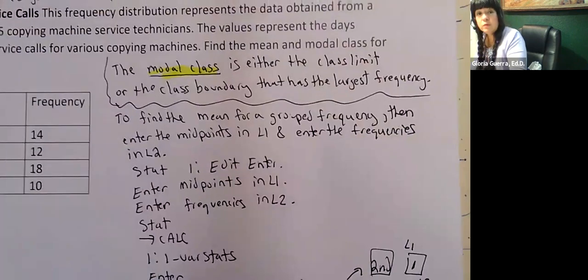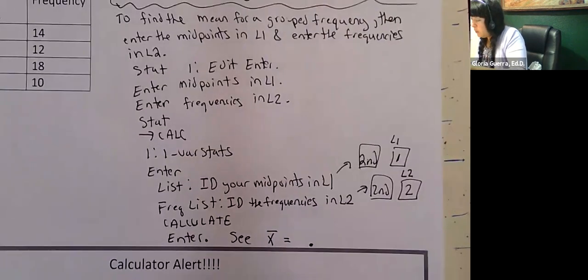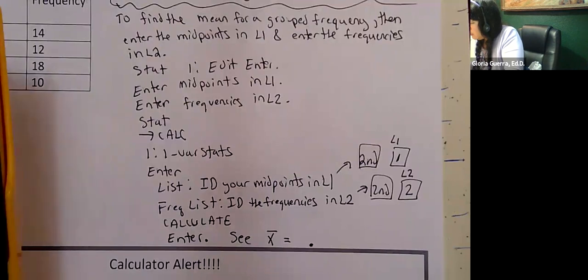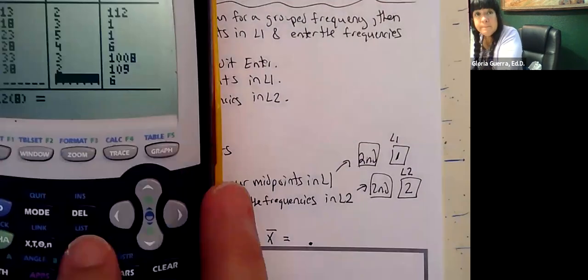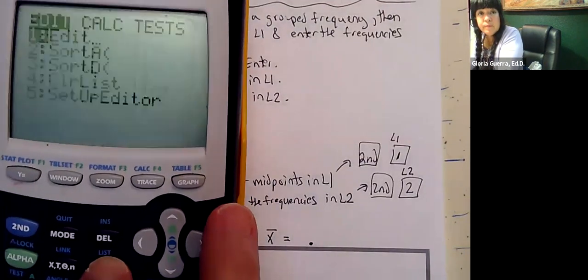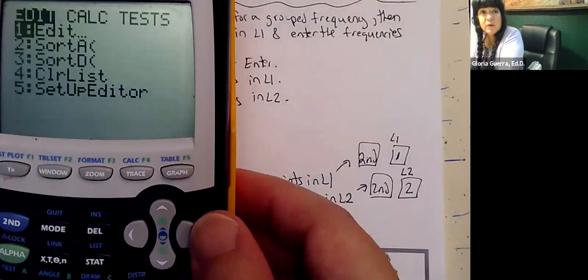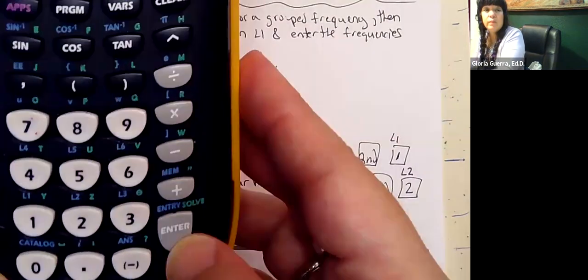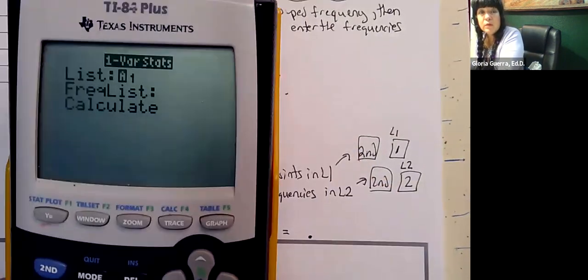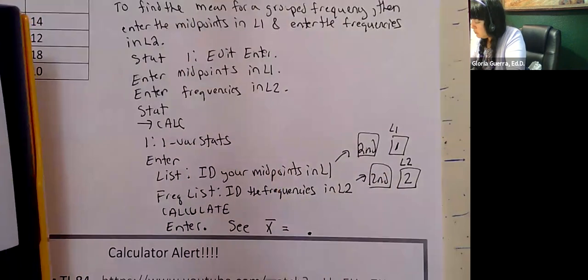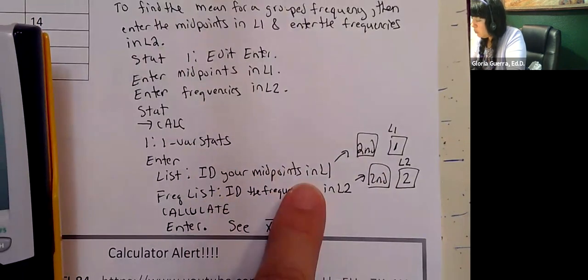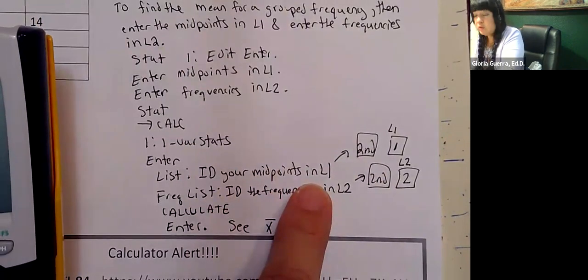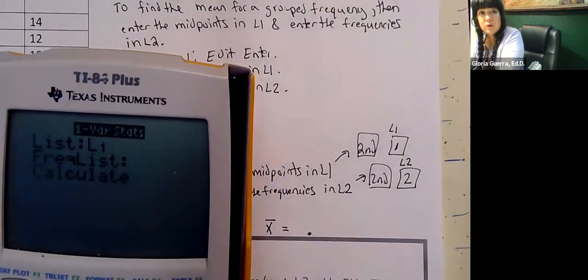Okay, so we already entered our data, and now we're going to go to stat, and then tab to calculate, and then one-variable stats, so hit enter. And then tell your data where you put your midpoints. So we put our midpoints in L1. So that's good here.